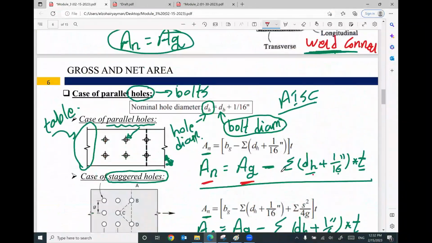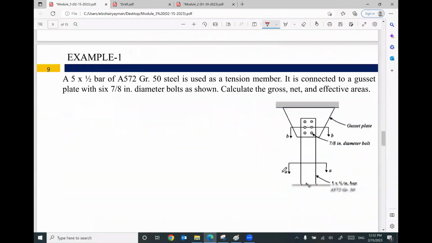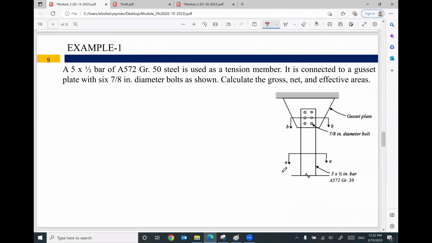Let's do an example. In the first example, I will calculate the area gross and the area effective for this steel plate member, or steel plate bar.